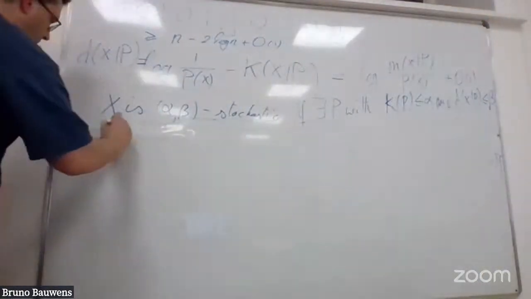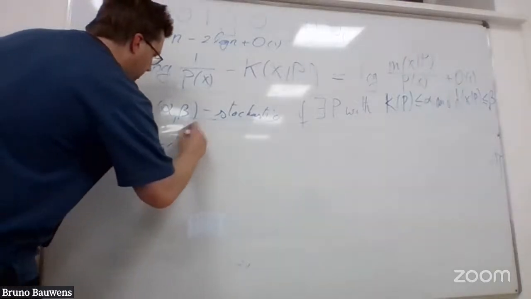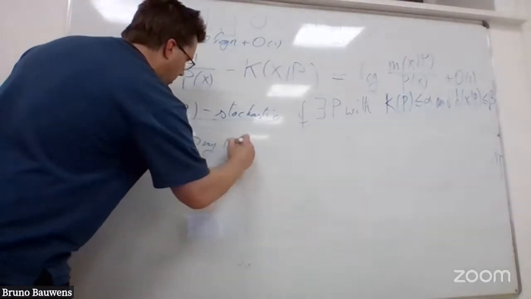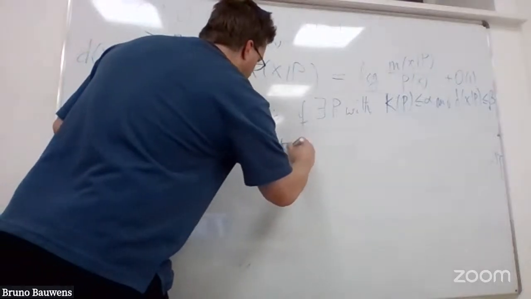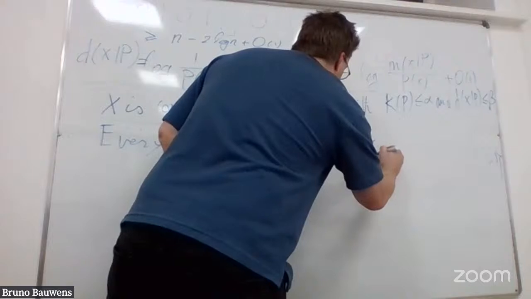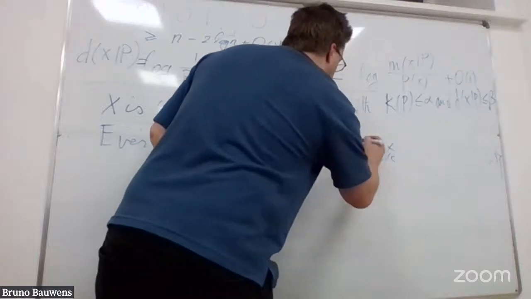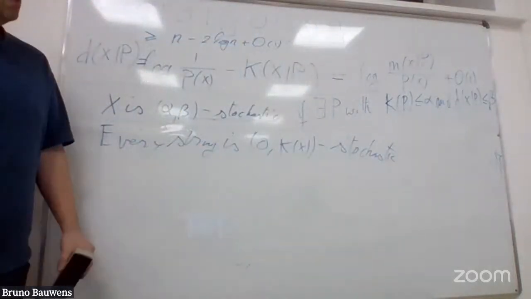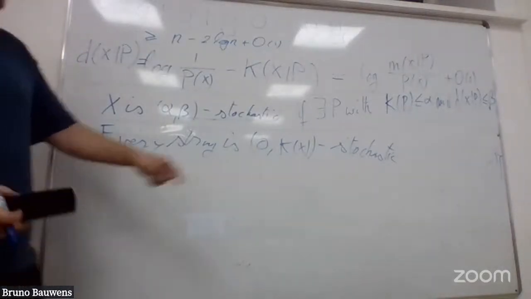So every string is 0, p of x stochastic. So this is clear.